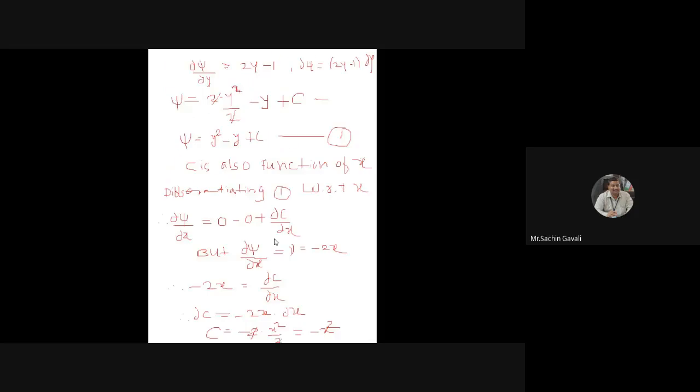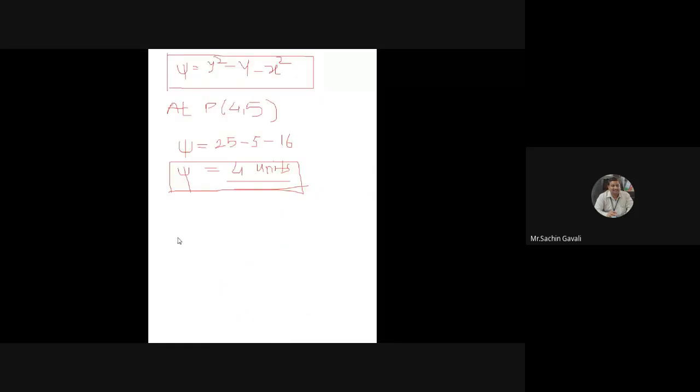Okay, or I will write: psi is equal to 5 into bracket x square minus y square.